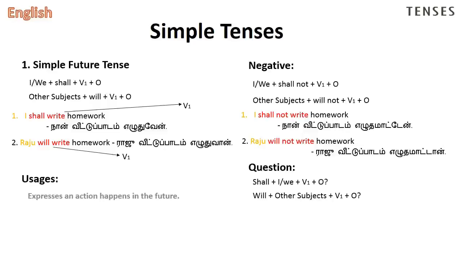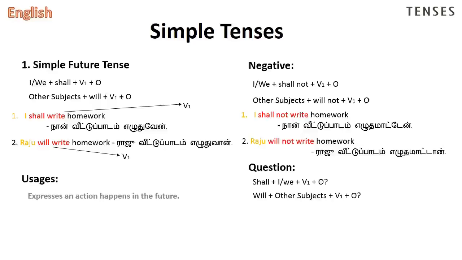Okay, and then the question form of simple future tense. Okay, these three forms we have seen for simple present, simple past, and simple future. These three forms and the formulas of them are very important. Can you understand this? And again, the usage we have seen, yes, the usage is very important.